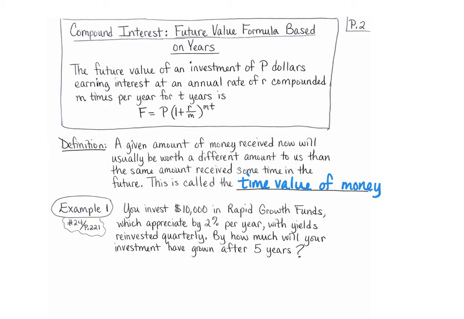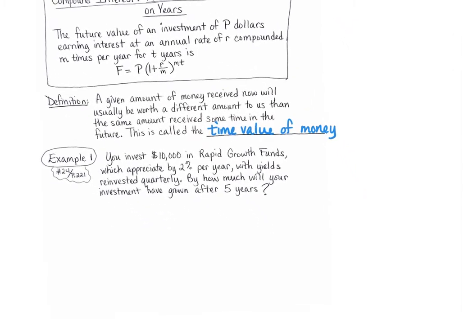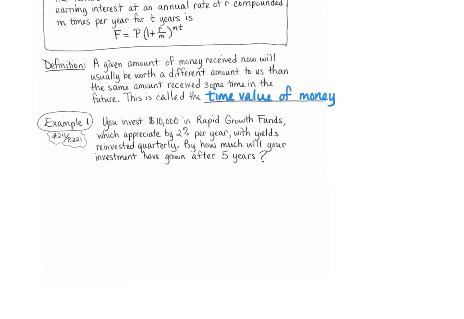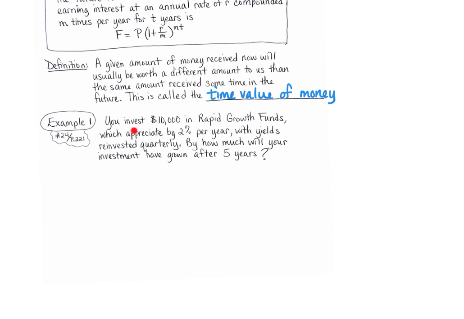Now let's look at an example and see how to use the things we've learned. Example 1: You invest $10,000 in rapid growth funds, which appreciate by 2% per year with yields reinvested quarterly. By how much will your investment have grown after 5 years?